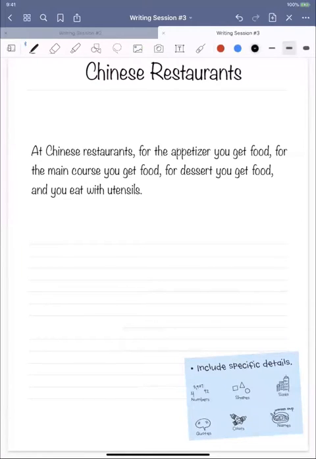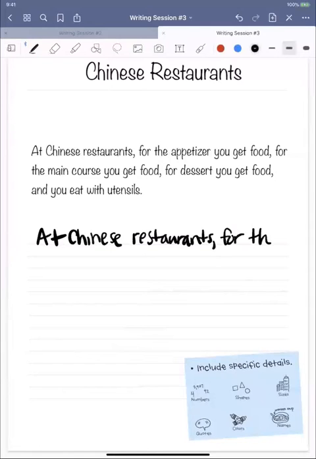So let me try again. Let's say this time I write, so I'll keep the at Chinese restaurants part the same. So at Chinese restaurants, for the appetizer, let's see.